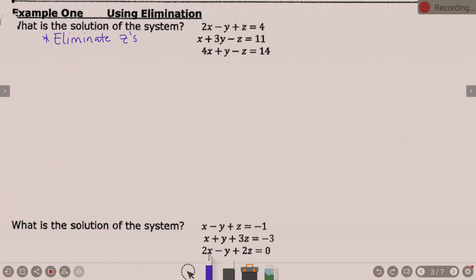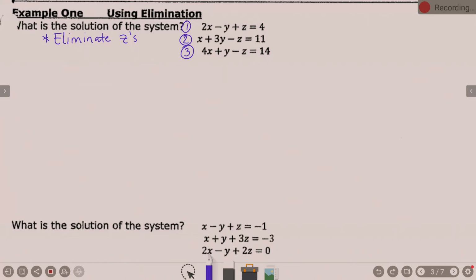For ease of reference, I'm going to number my equations: equation 1, equation 2, and equation 3. You're always going to see me numbering my equations. Now, we want to eliminate Z's, so pick 2 of those equations to put together to eliminate Z's.